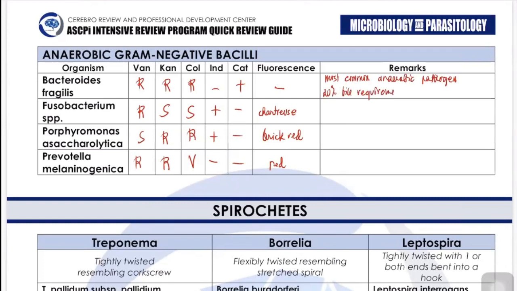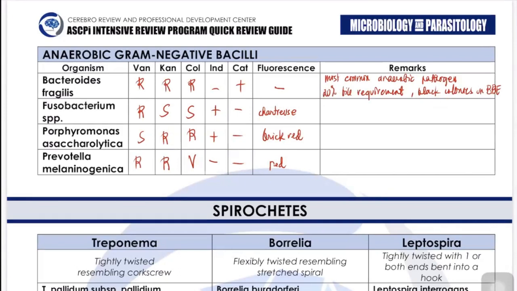Which is why it exhibits black colonies on BBE, Bacteroides bile esculin agar. So why does it have black colonies? Because Bacteroides is positive for bile esculin hydrolysis. It grows on 20% bile because it is bile resistant.